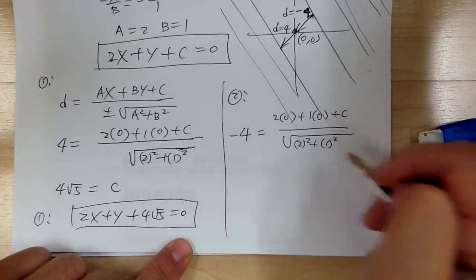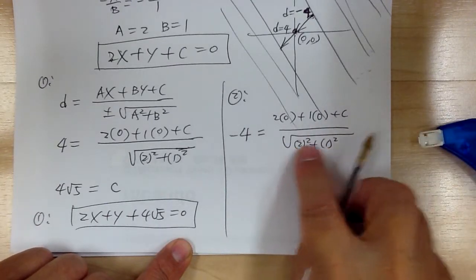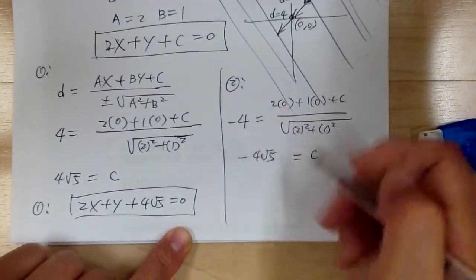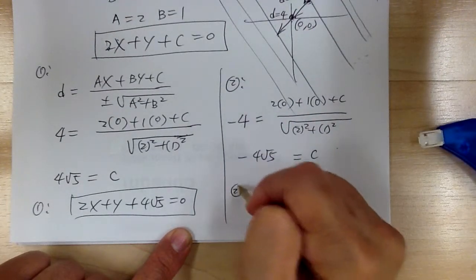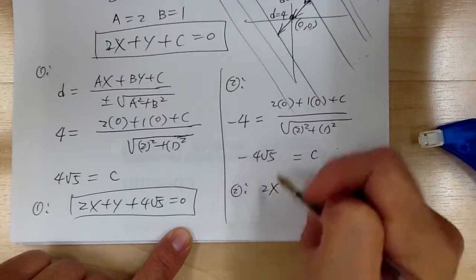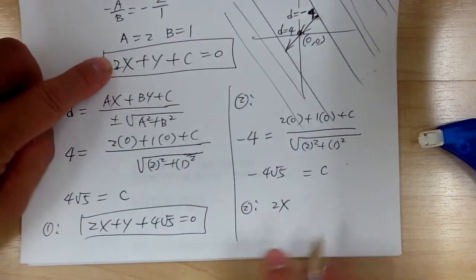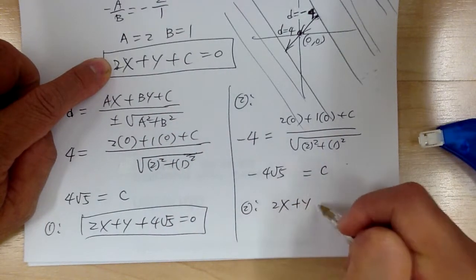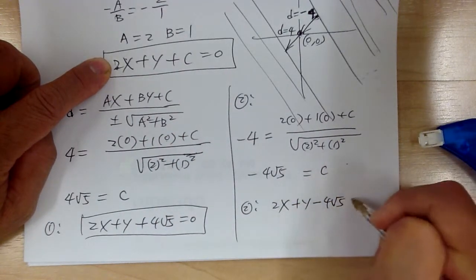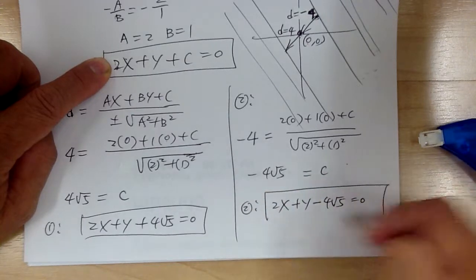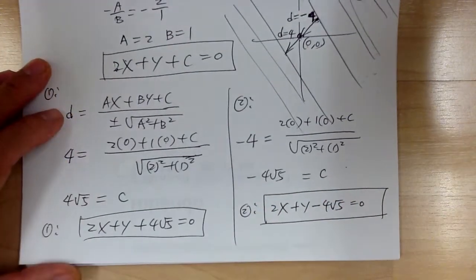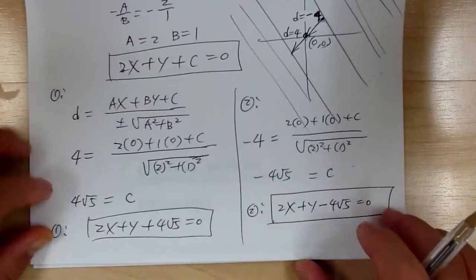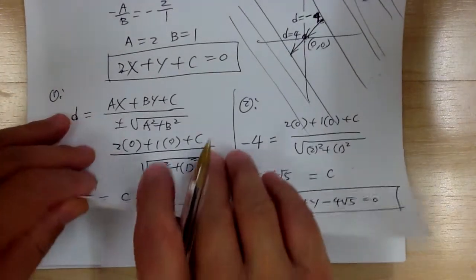And so you're going to get c equal to, again, the square root of 5, and cross multiply, -4 square root of 5. So the second line that you're looking for would be 2x, from here, that's your family equation, plus y minus 4 square root of 5 equal to 0. Okay. So again, it's complicated, so you have to break it down and do a little bit at a time. Okay, let's go to number 20.